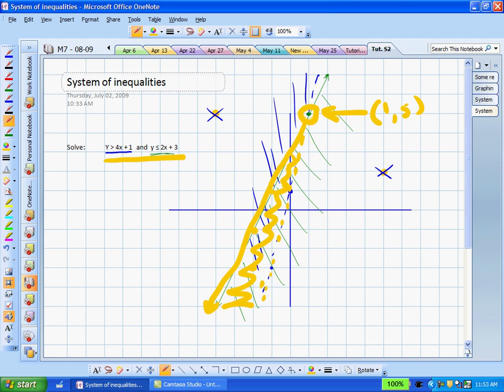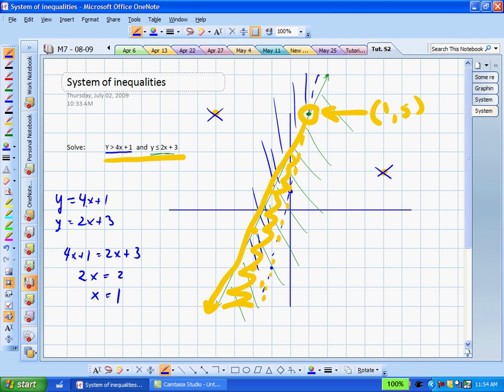Okay. If it were a weird, ugly fraction and we could not read it off the graph, then we'd have to solve the equations y equals 4x plus 1 and y equals 2x plus 3, and use our substitution method, so that 4x plus 1 equals 2x plus 3, 2x equals 2, x equals 1.